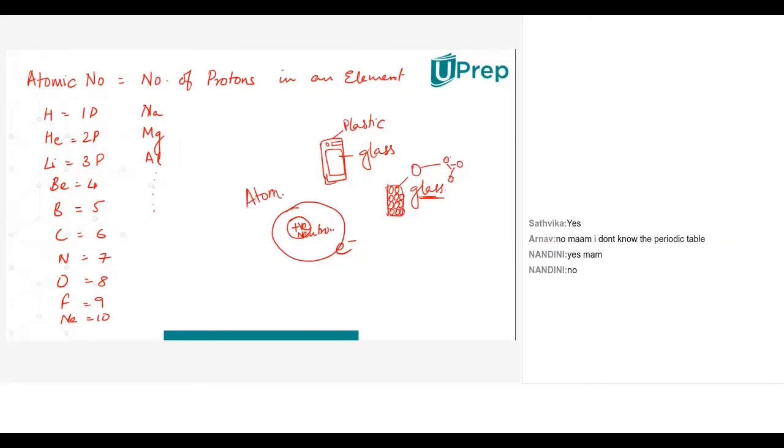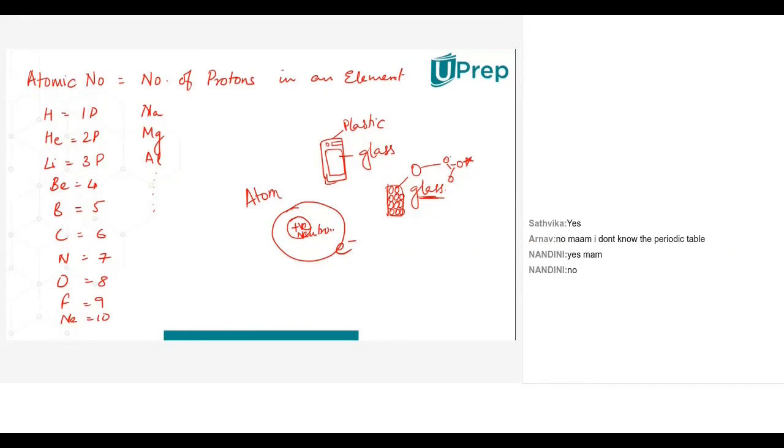An atom is the smallest unit of any matter. Any matter that you see around you, it is the smallest unit. Just like how the cell is the smallest unit in living beings in biology, similarly the atom is the smallest unit of matter in non-living things, or even in living things, in everything.